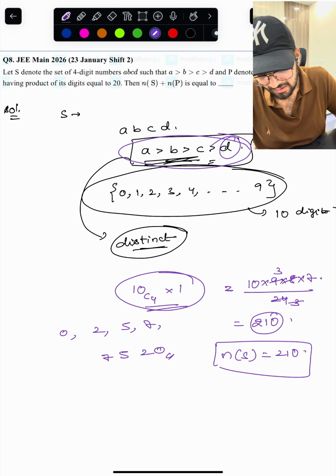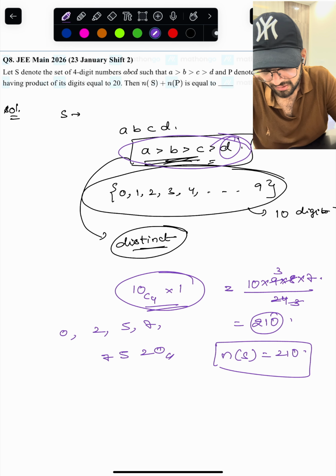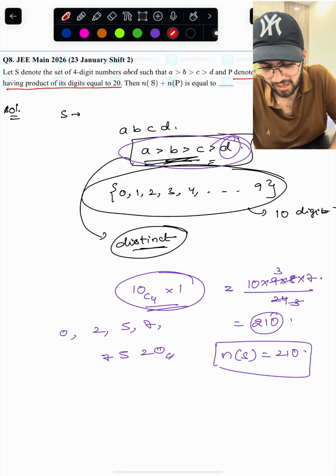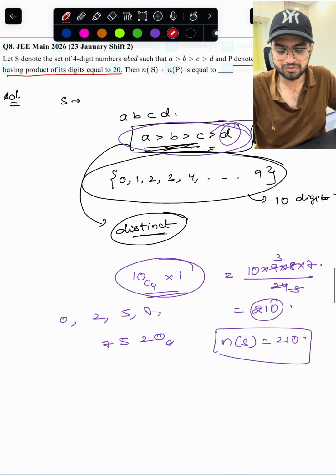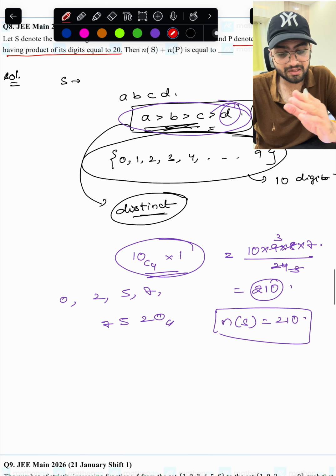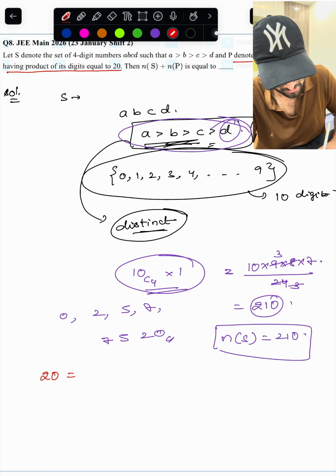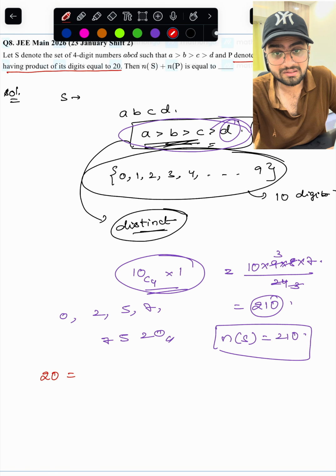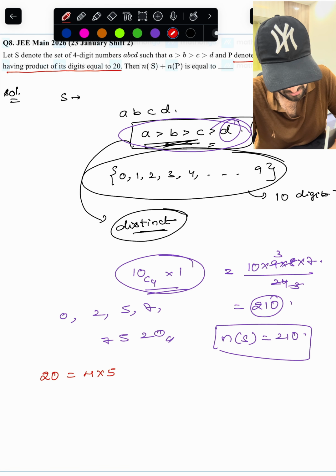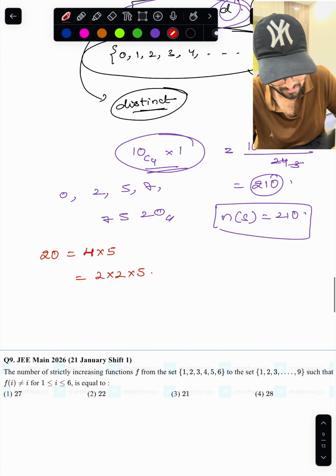This is done. Now the second part, what is the other part they are asking for? P denotes the set of 5-digit numbers having the product of its digits equal to 20. So P is a set of 5-digit numbers whose product of digits is 20. For the product of digits to be 20, I can write 20 as 4 into 5, or I can write 20 as 2 into 2 into 5, right?